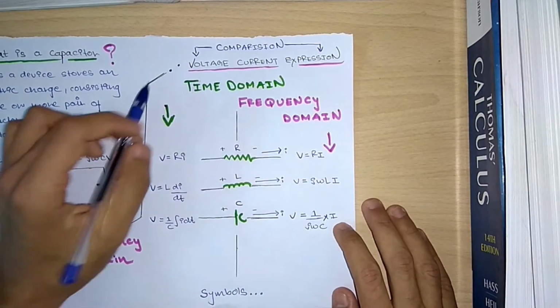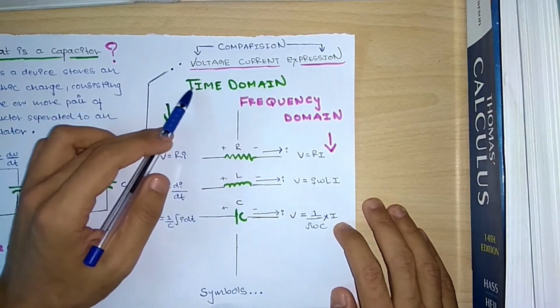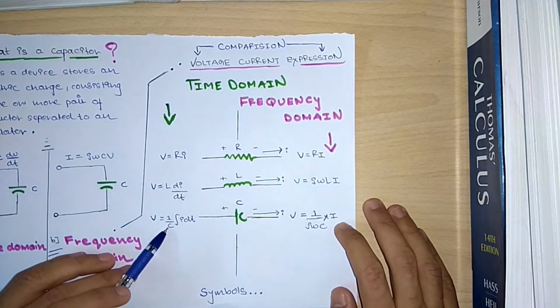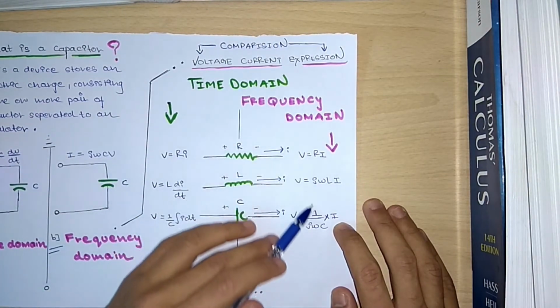Now what we have here is a simple comparison between the time domain and the frequency domain expressions of different elements.